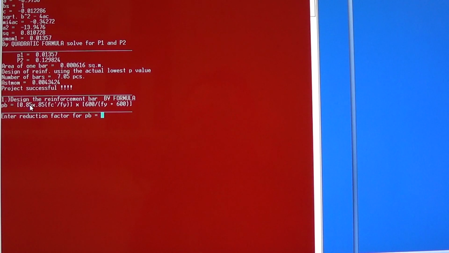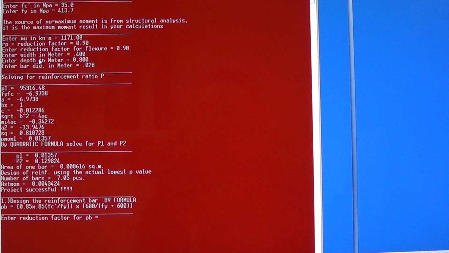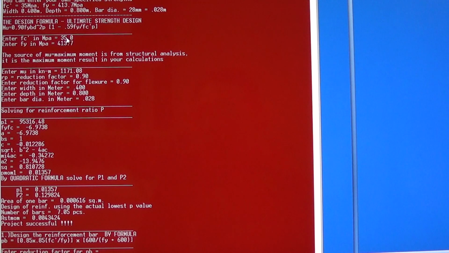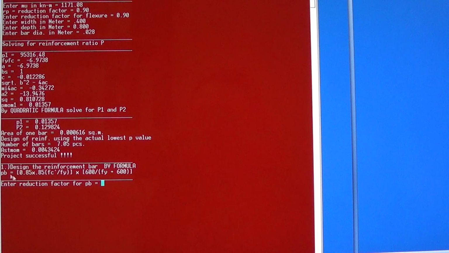Here I use the concrete strength of 35 MPa, so therefore that is 0.85. So this is the formula for the balanced reinforcement ratio.